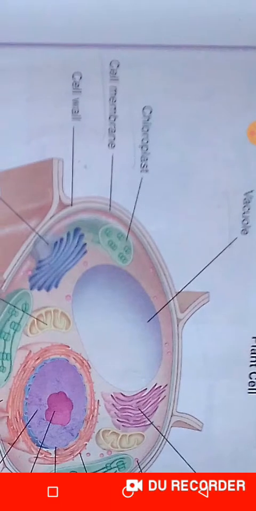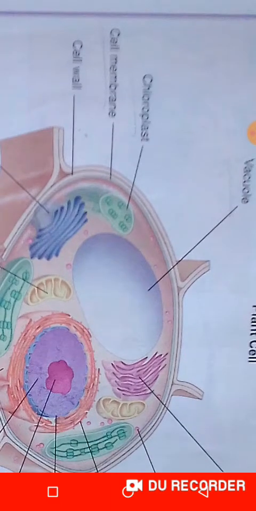Now, the cell wall is found only in the plant cell, but the cell membrane is also found in the animal cell. Chloroplast only in the plant cell, cell wall only in the plant cell.